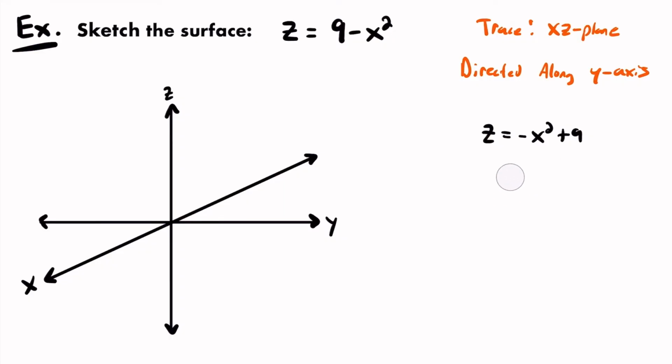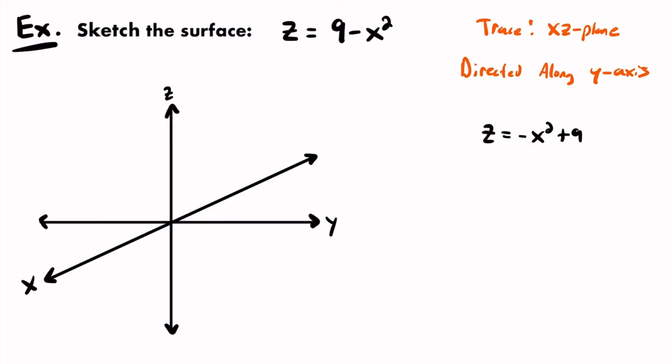So in the same way, this is telling us that we have a parabola in the xz plane where it's opening in the negative direction along the z-axis, and we are shifting it up 9 units along the z-axis as well. Identifying those things is going to help us draw the trace of this curve.